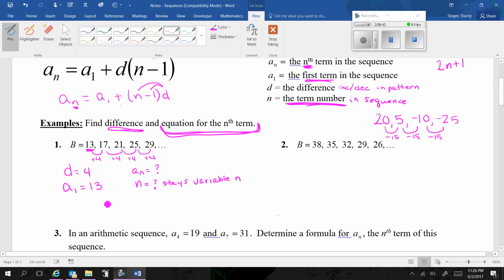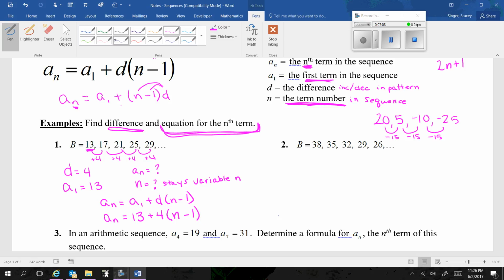So in my equation, a sub n equals a sub 1 plus my difference times n minus 1. Well, a sub n is the equation I want to find. A sub 1 is 13. My difference, we said, was 4. And n, I don't know my term number.